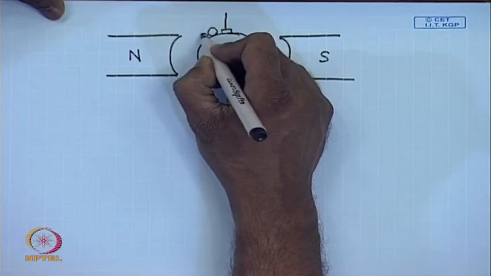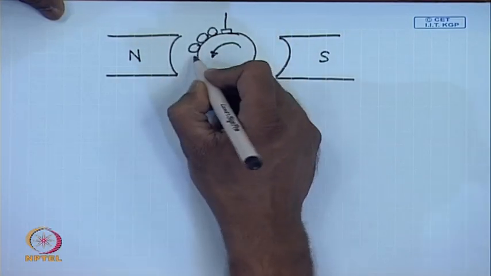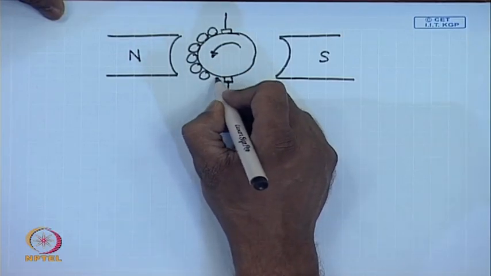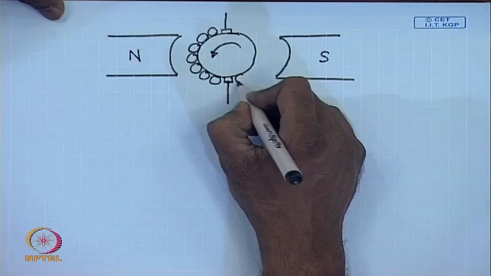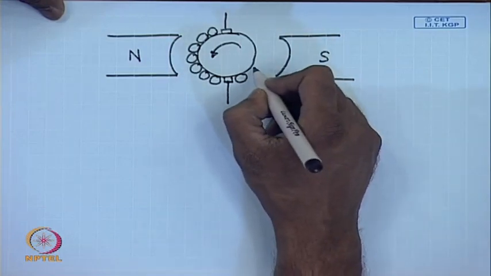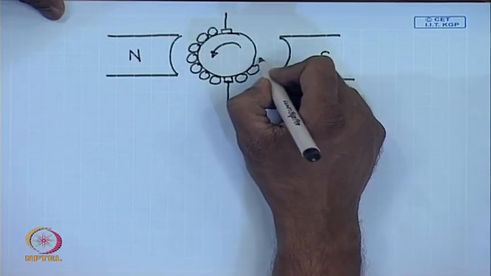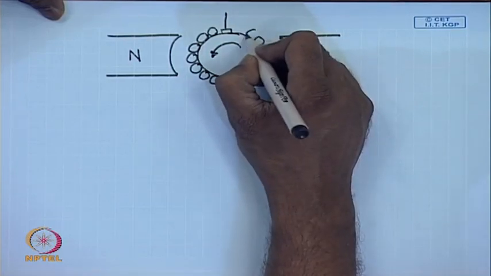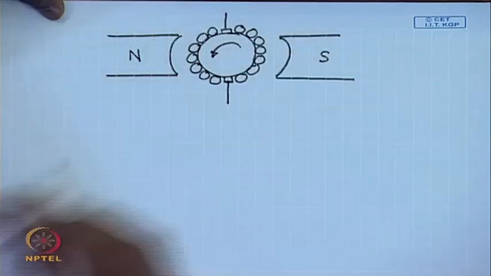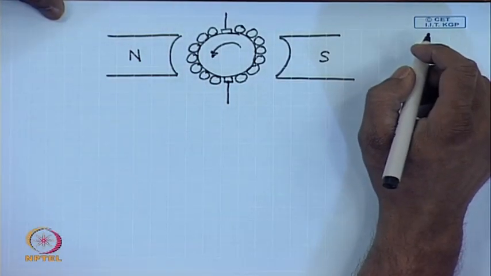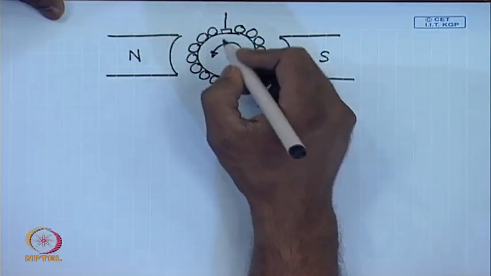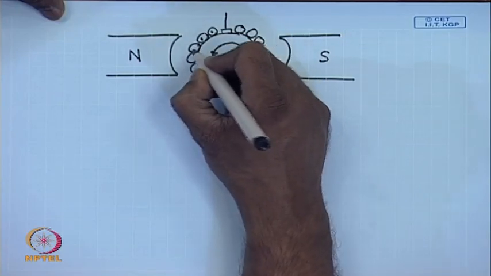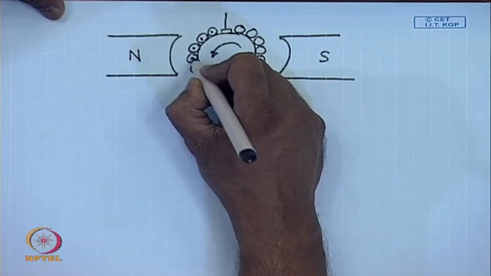These are the armature conductors. The polarity of the currents will be in such a direction which will oppose the rotation.